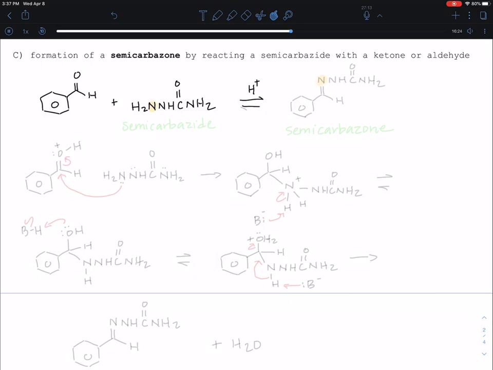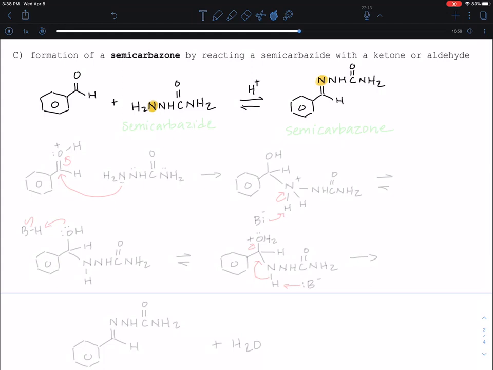And under acidic conditions, so catalytic acid, I'm going to make a semicarbazone. Again, carbon double bond nitrogen, right? So this right here is this right here. There's a lot of nitrogens in that thing.